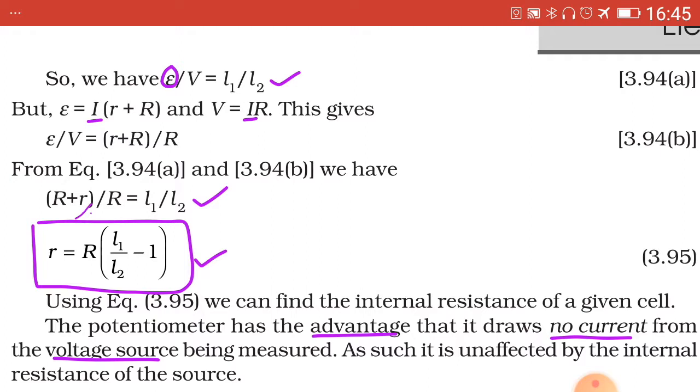Now, what is a potentiometer? You can write within a single sentence, which I dictate.